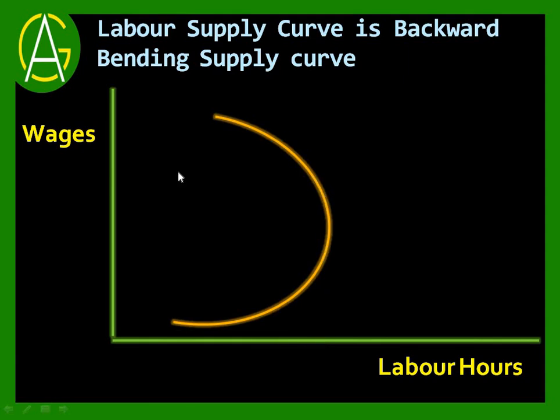But after that point, even if the wage rate increases, the supply of labor will not go on increasing straight, but rather it will bend backward, or we can say it will start falling, it will start decreasing. So the curve which is prepared here is known as the backward bending supply curve. So the supply curve of labor is the backward bending supply curve.